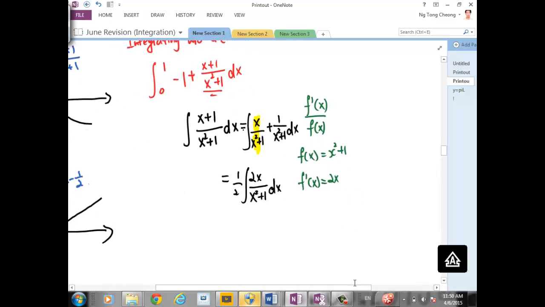Let me write here. So this with the constant. Unfortunately it's not in the form f prime x over f(x). But in that case, I'll just go to my f(x), and I realize that actually it's my tangent inverse. So that's how you integrate it if the question asks you for exact.